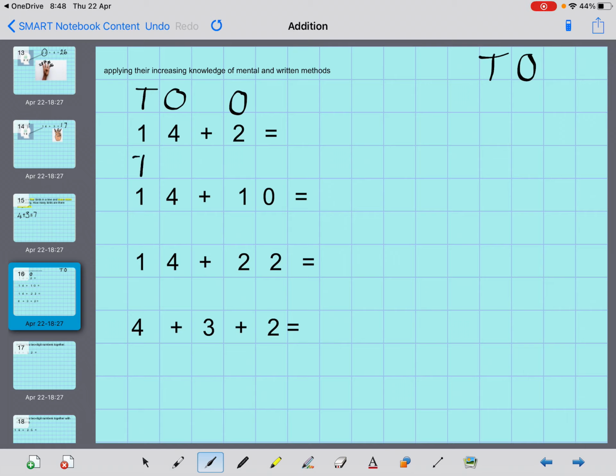We will look at answering 2-digit numbers adding on 10, where only my tens column would change and my ones column would stay the same. We look at adding 2-digit numbers together, for example 14 and 22. And we also practice adding 3 1-digit numbers together.